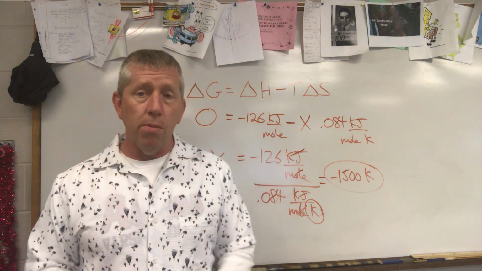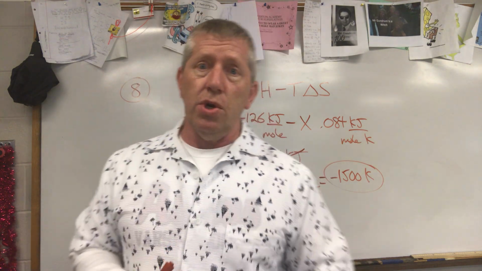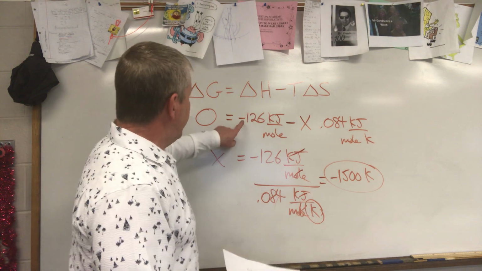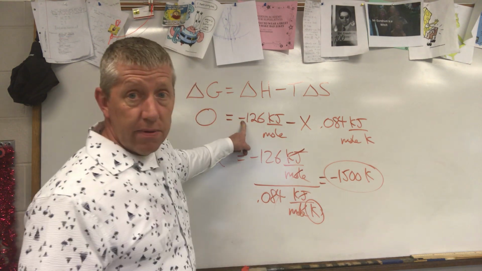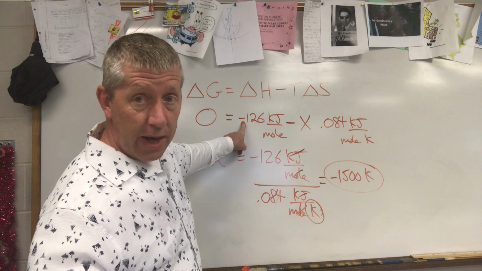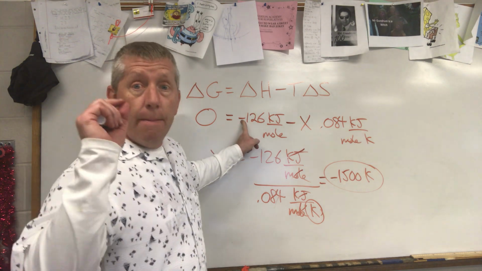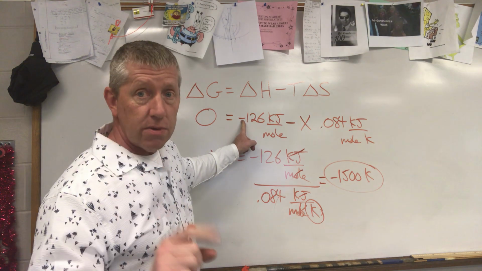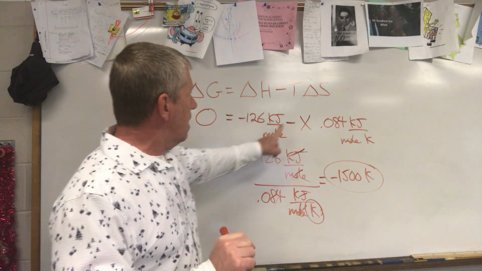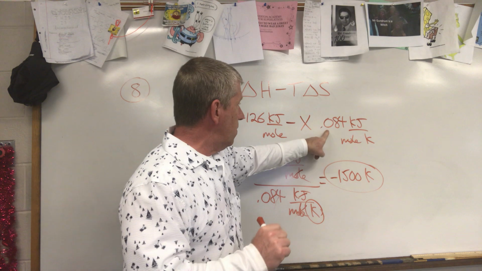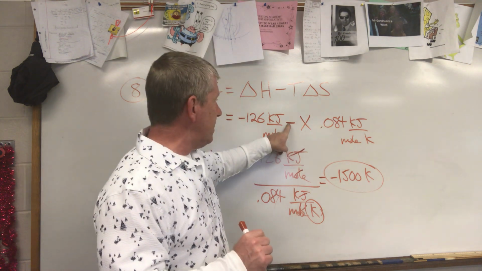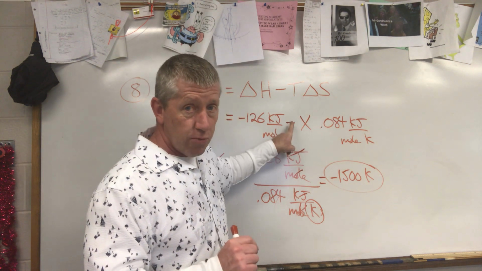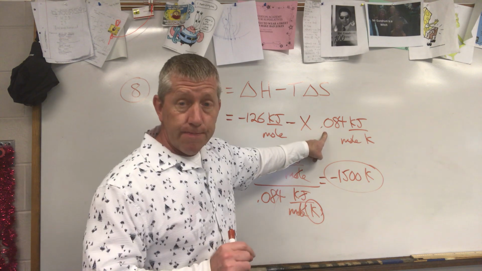Now let me point out one more thing, and I hope this makes sense to you. This delta H was a negative. That means exothermic. Vast majority of the time, anything exothermic is spontaneous. Keep that in mind. The delta S was a positive. We're subtracting here, so it's a positive number.